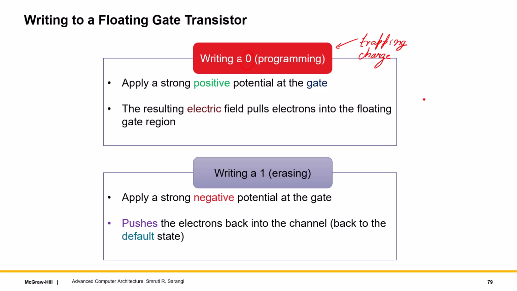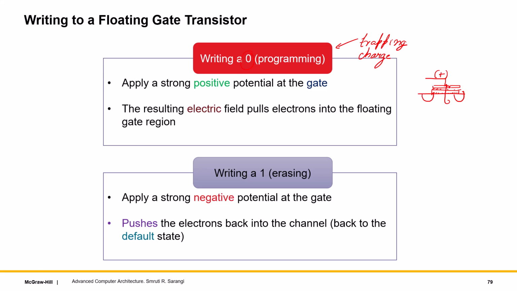So if this is my transistor, in this case I have two gates, with two silicon dioxide layers. So what I do is I apply a very strong positive potential at the gate. So electrons move up. As they move up, some of them get trapped in the floating gate and they remain there, right?